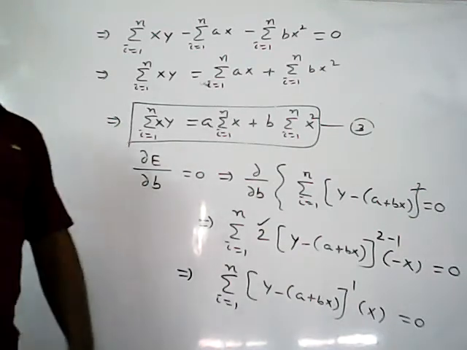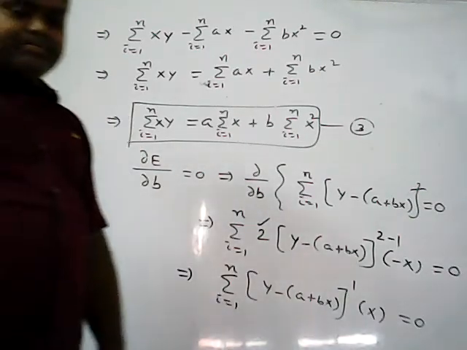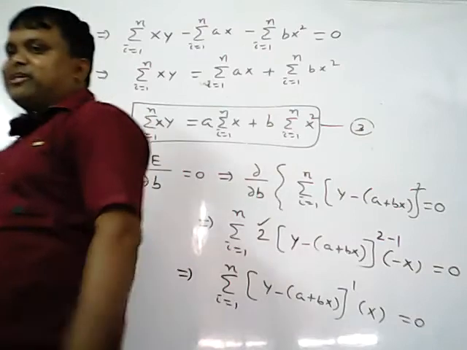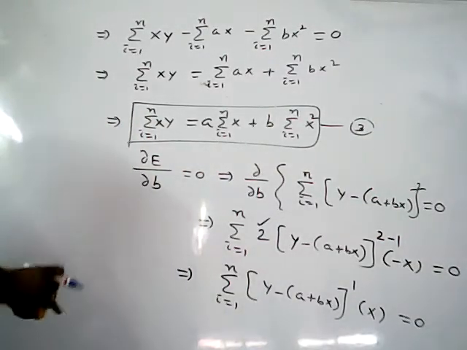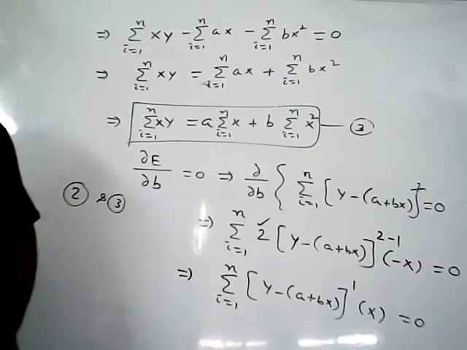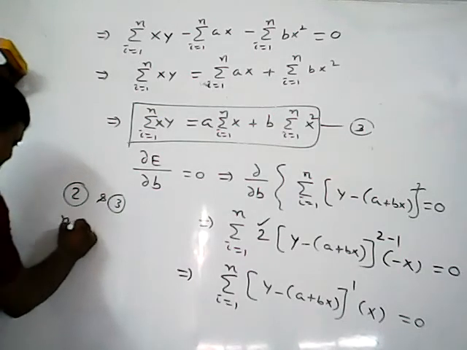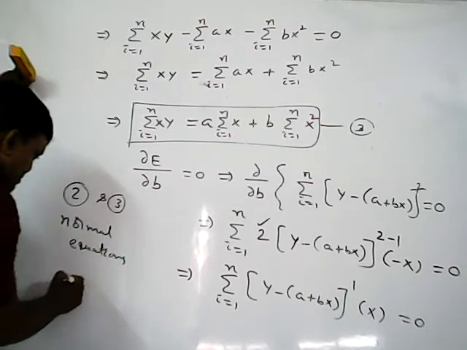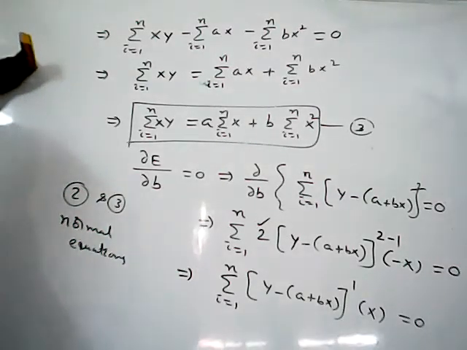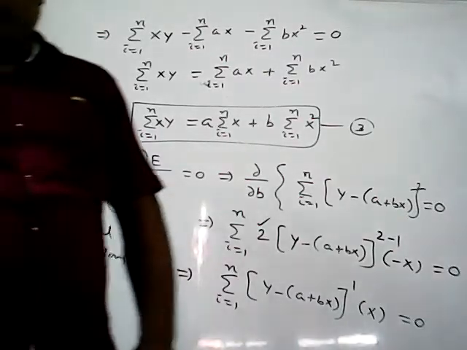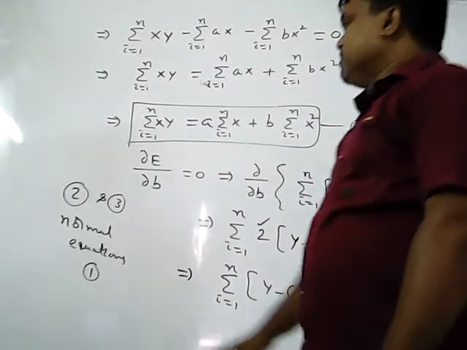Write on the next line: equations 2 and 3 are called normal equations to equation 1.